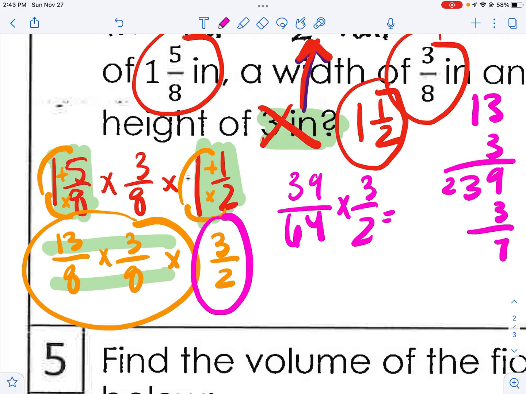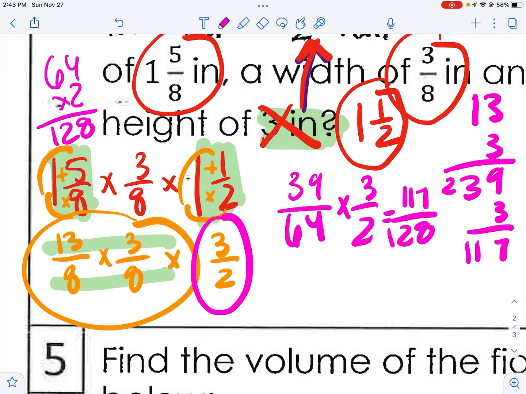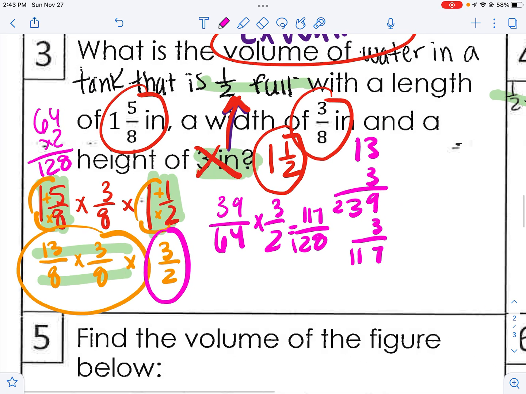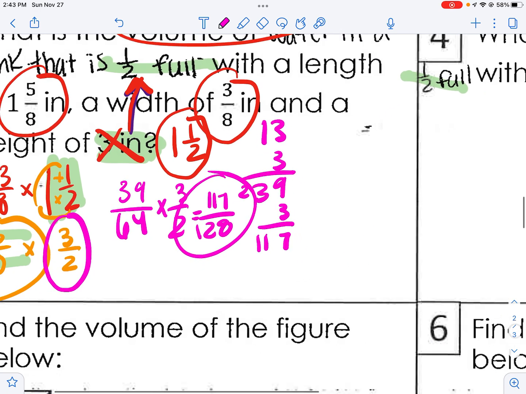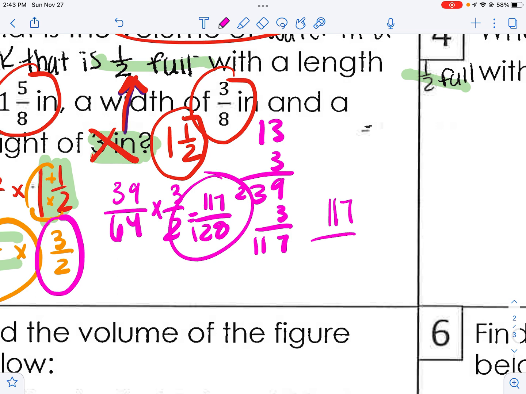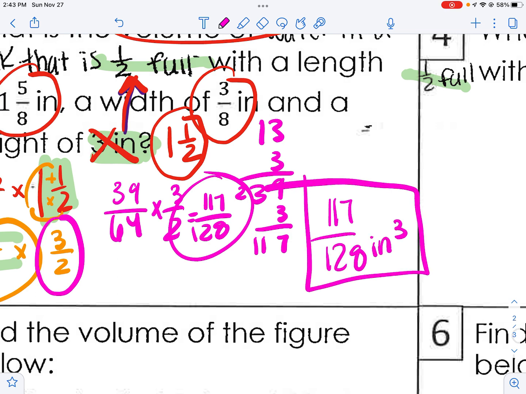It's 27, 9, 10, 11, so 117. 64 times 2 I also don't have memorized. That's 128. So I got 117 over 128. I don't believe you can make 117 any smaller, so I think it's just going to stay exactly this way. So it's 117 over 128 inches cubed.